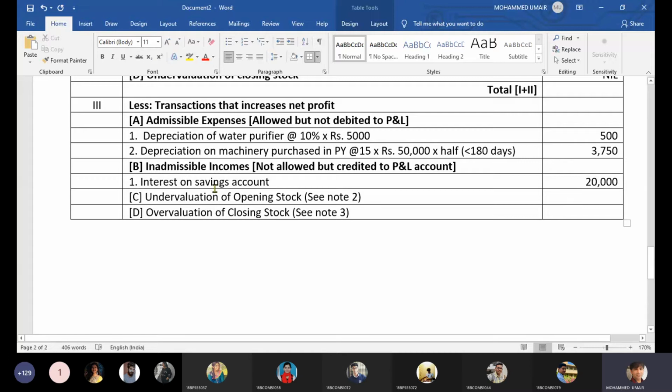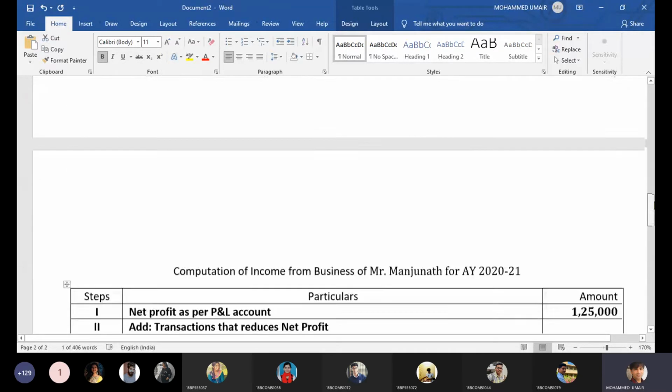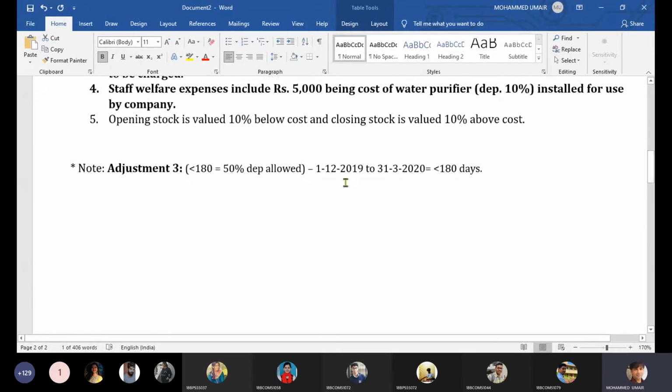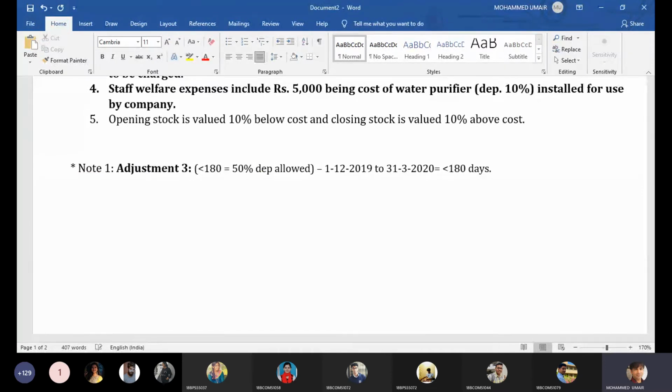So let's calculate the amount of undervaluation and overvaluation. So you guys know the formula to calculate under and overvaluation.